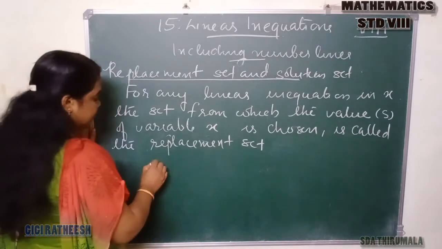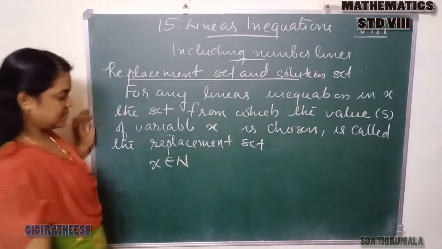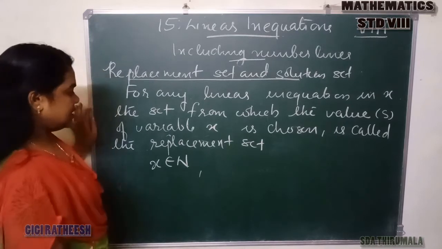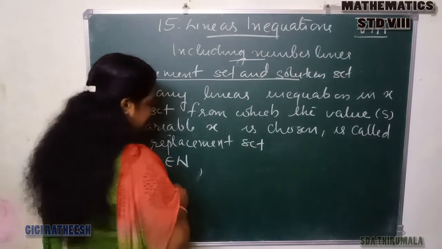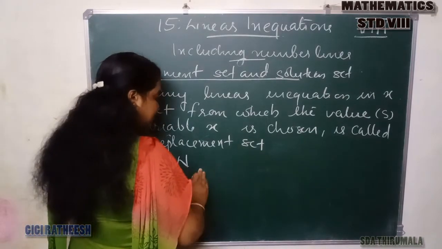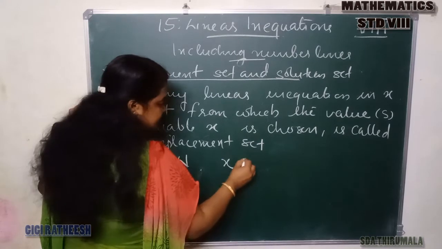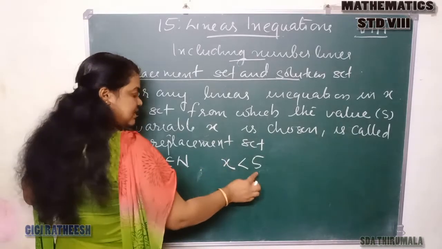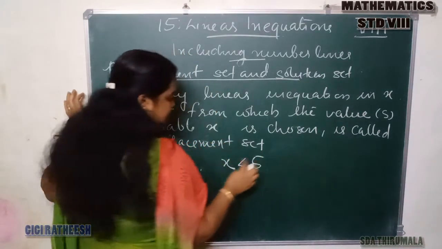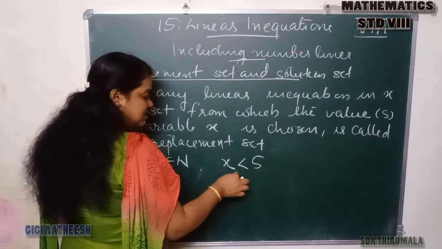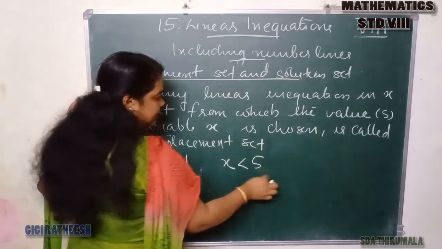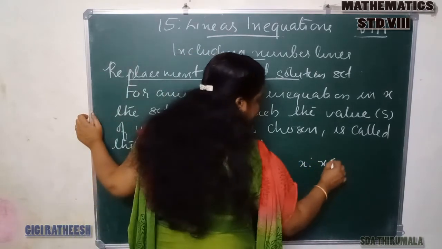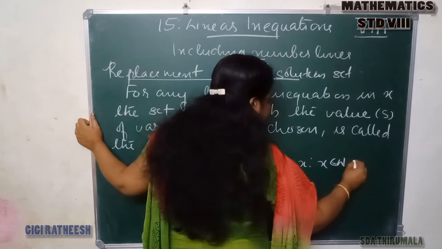If x is an element of N, the natural numbers, that is the counting numbers 1, 2, 3, 4, 5, etc., and the inequation is x less than 5, then the replacement set is x belongs to N, and the solution set is x such that x is an element of N and x less than 5.